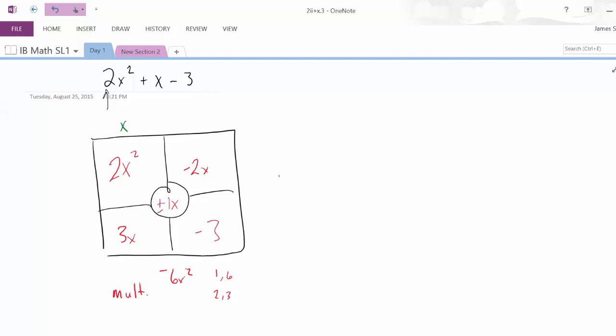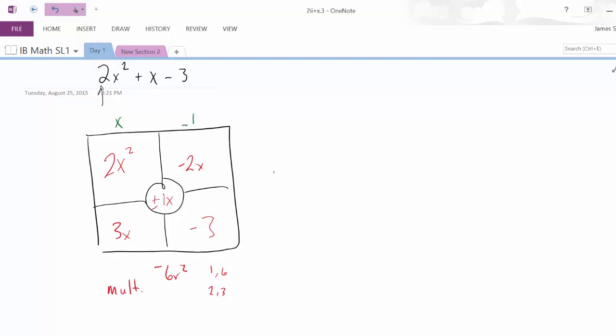It's x. In the second column, what's the greatest common factor of negative 2x and negative 3? It's negative 1. The first row, what's the greatest common factor there? 2x. And the greatest common factor in the bottom row is positive 3.